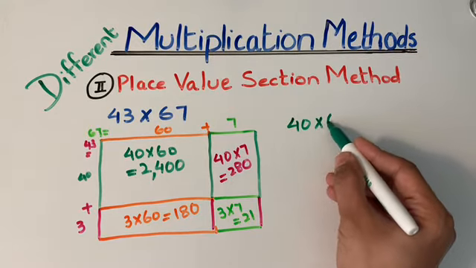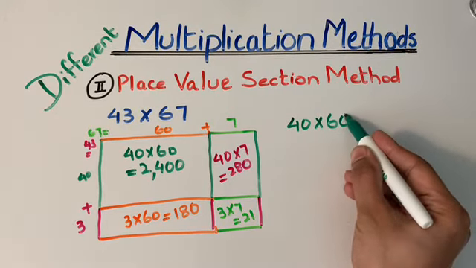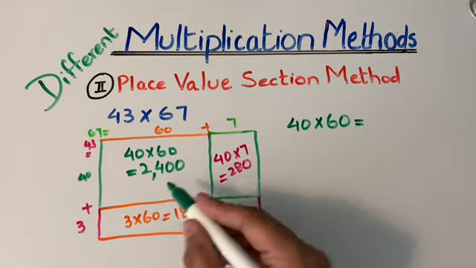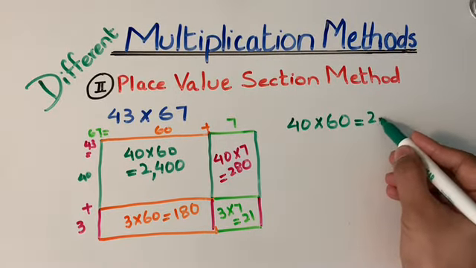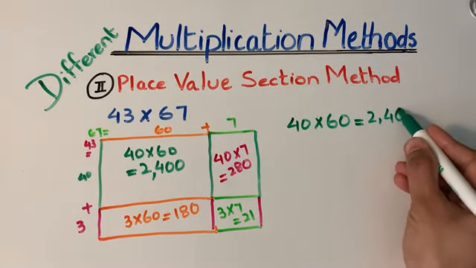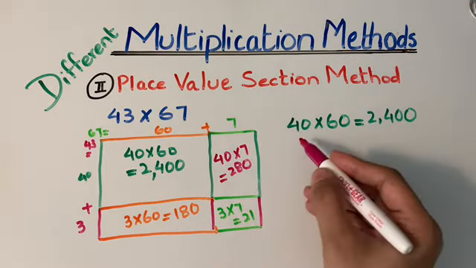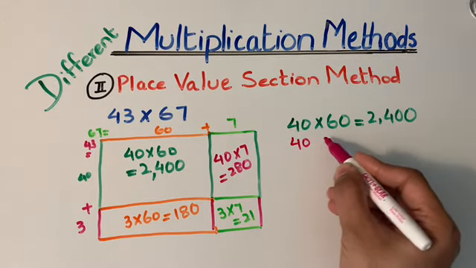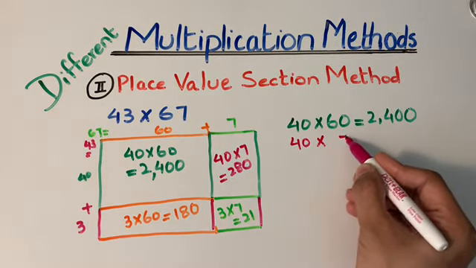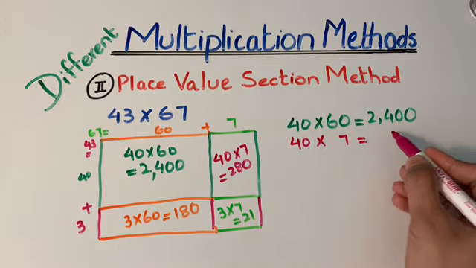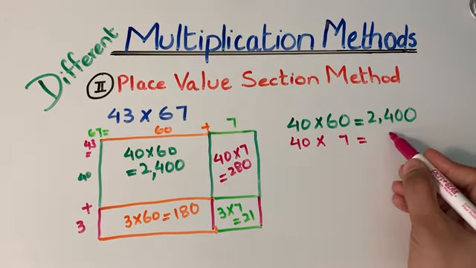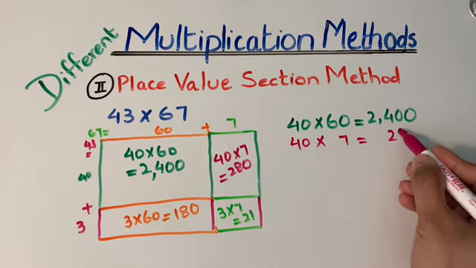So first we have 40 times 60, which is equal to 2,400. Right. Now we'll talk about the next section. In this section, we have 40 times 7. So this is equal to 280. So be careful to align the numbers.